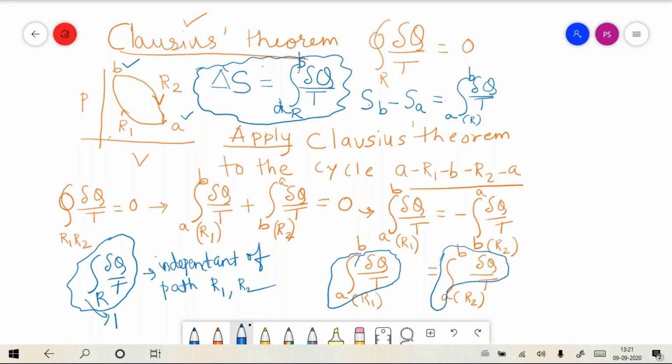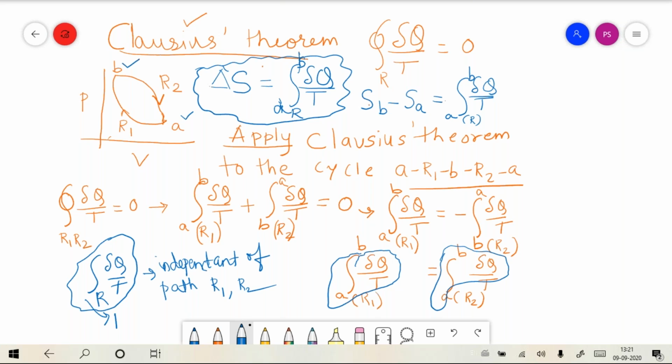In other words, it is the summation of the processes: the integral from A to B of del q by T via path R1, plus the integral back to A of del q by T via path R2, which is equal to 0.